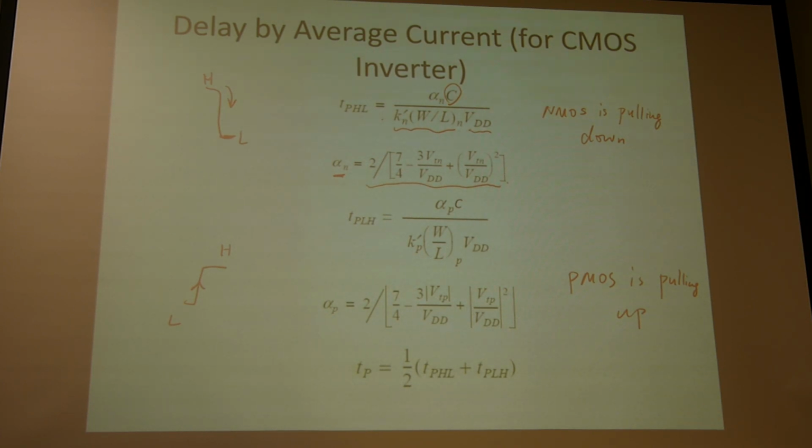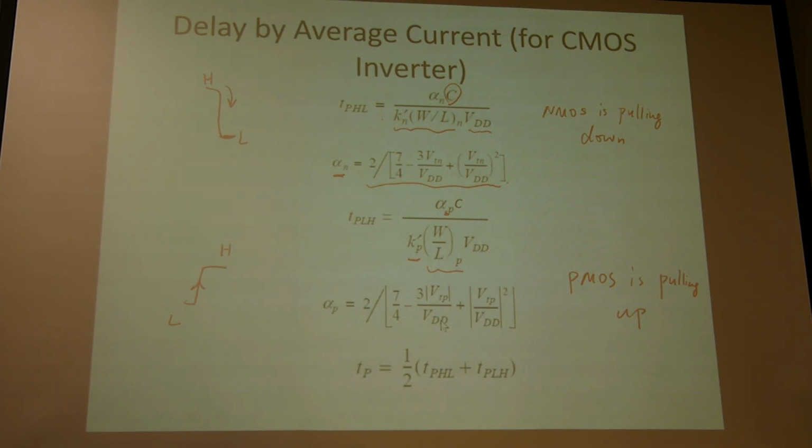So you can use the same approach. The only difference is you change the parameters from N to P. So for example, here the K N prime will change to K P prime. W over L N will change to W over L P. And this alpha N will become alpha P. So this is the only difference.